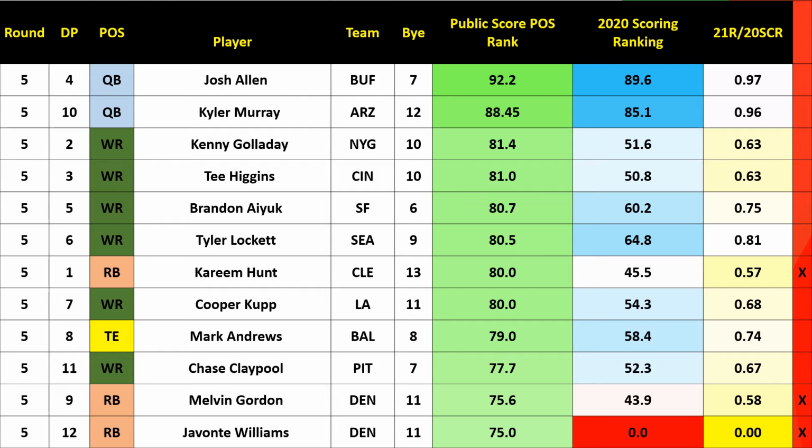Hey, Andrews is a fine tight end. I have taken him as well as my first tight end. That's, in fact, skipping Kittle and Waller, and I've grabbed Andrews. Baltimore has been using their tight end a lot. .7 is not bad. Okay, round 5.